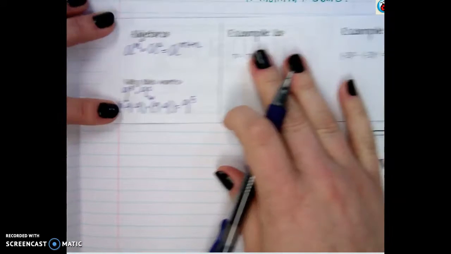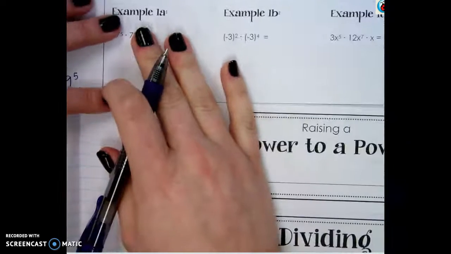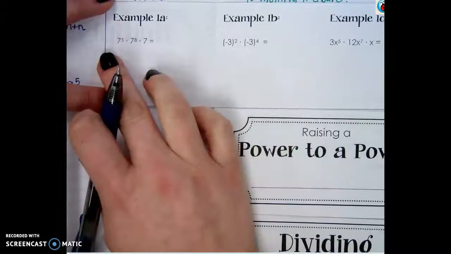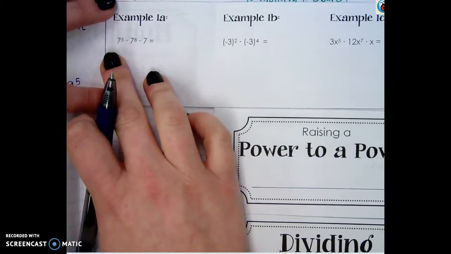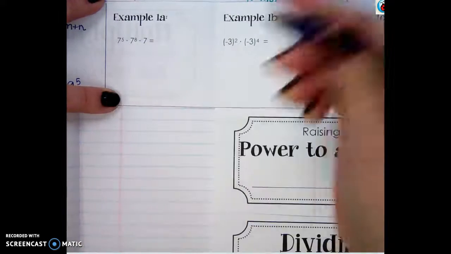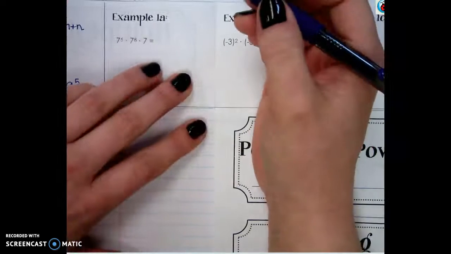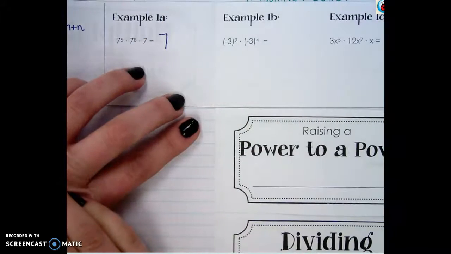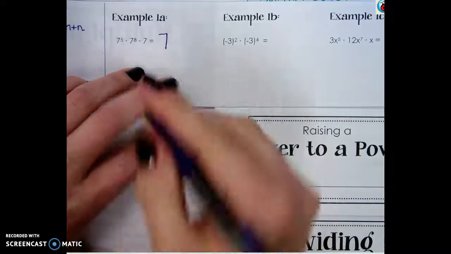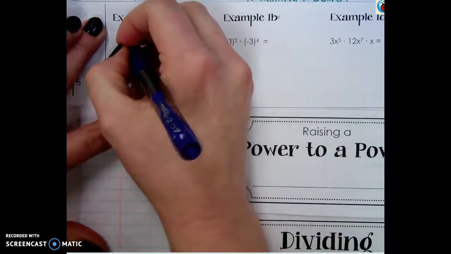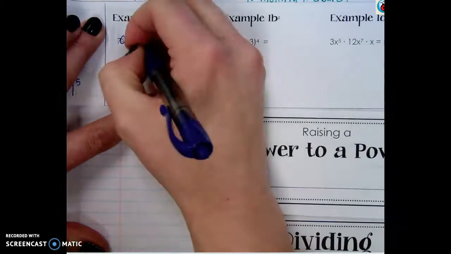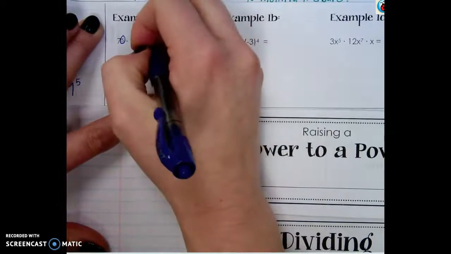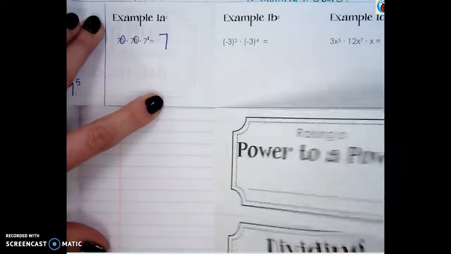All right, so let's keep looking. Let's look at some examples. All right, so the first, example 1a, we have all of the same bases, so we already decided that we're going to keep that base the same. Our base is 7. And now we need to identify our exponents. We have to the 5th, to the 8th, and since there's nothing with that 7, it's an understood or invisible 1.